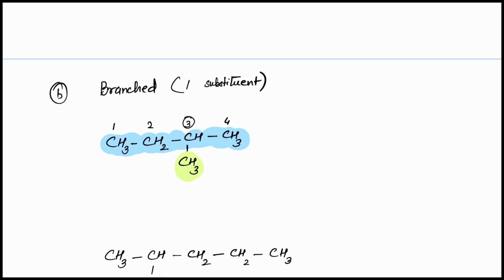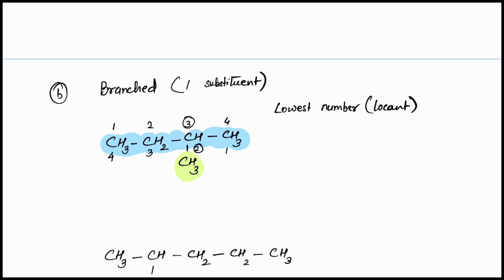But if you go from right to left, the substituent will be present at carbon atom number 2. So in such cases, we pick the lowest number for the substituent. It is also called the lowest locant rule, from location.